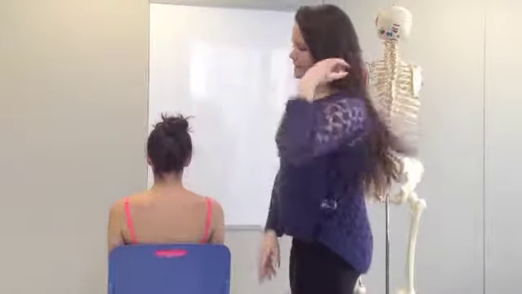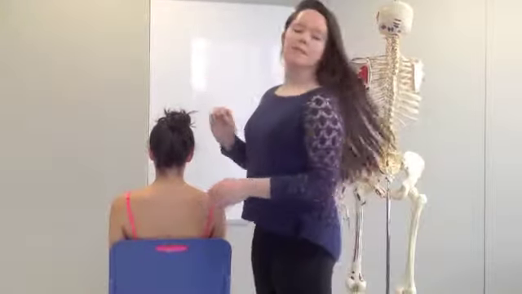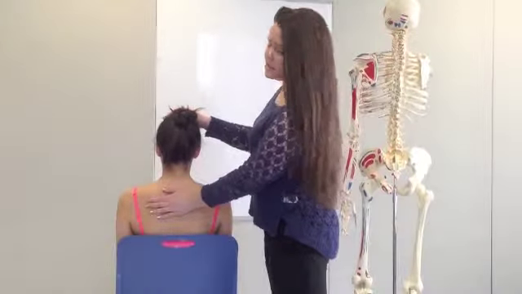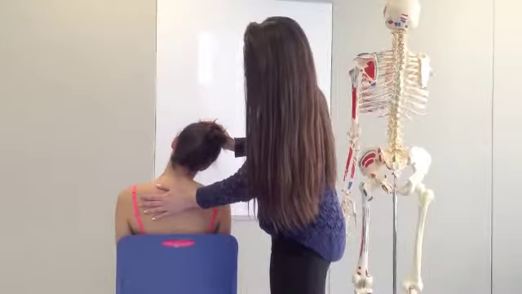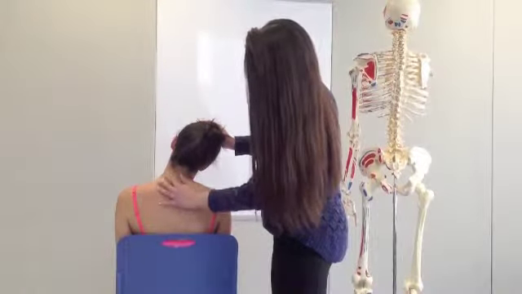Now, when you're assessing the cervical side bending, you want to be moving in a range to where you feel a very firm end feel. The firm end feel is elicited by tension in the ligaments on the side of the spine here.